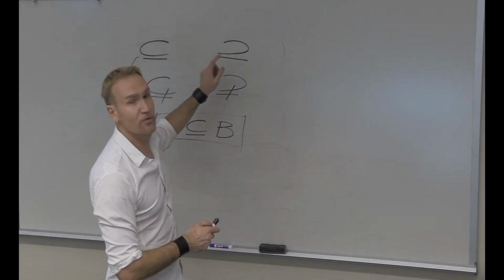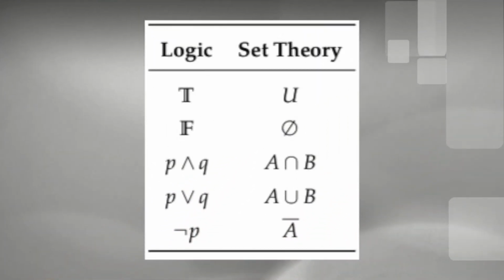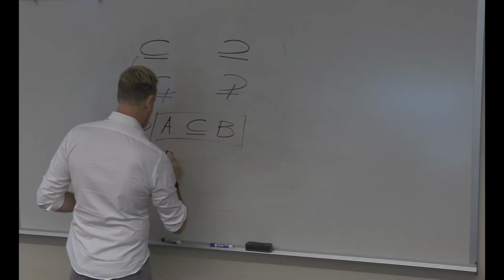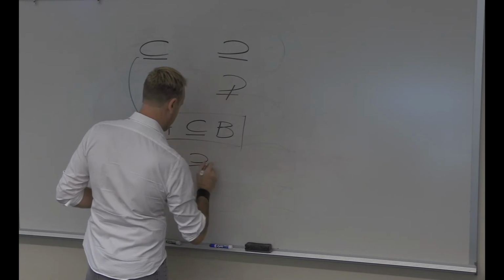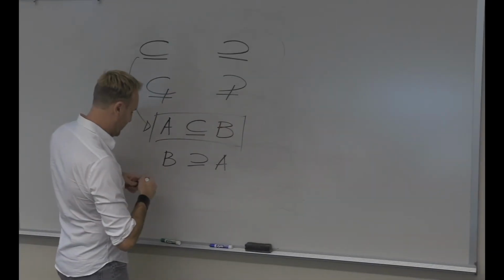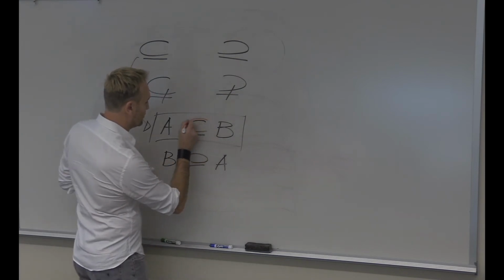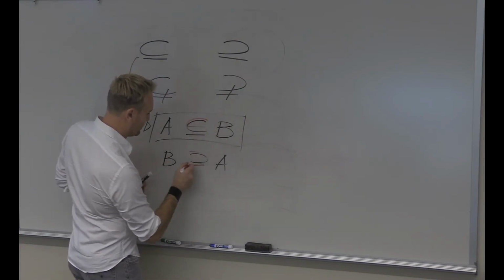Let's move on to the second one right here. With this one, we mean that B includes A, or B is a superset of A. So look at the direction here. Again, if you remember what we said earlier about the arrow, this one has this direction and this one has this direction.